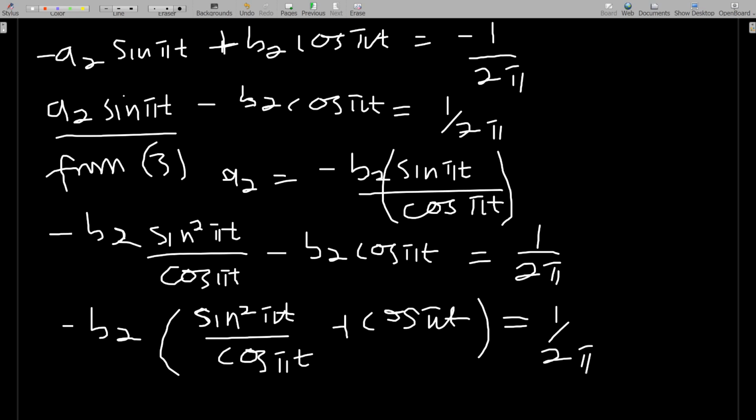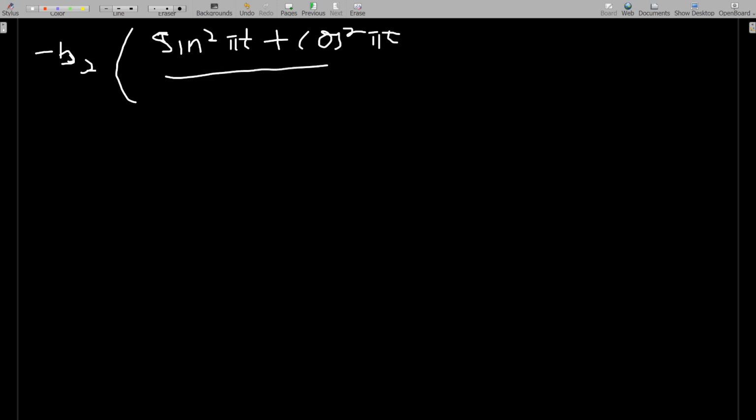Now if you simplify the bracket here, the LCM is cos pi t, so you can go through that fraction yourself. You get a final answer for the fraction to be sine squared pi t plus cos squared pi t over cos pi t, and this is equal to 1 over 2 pi.